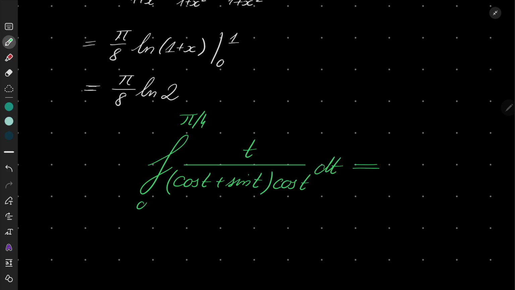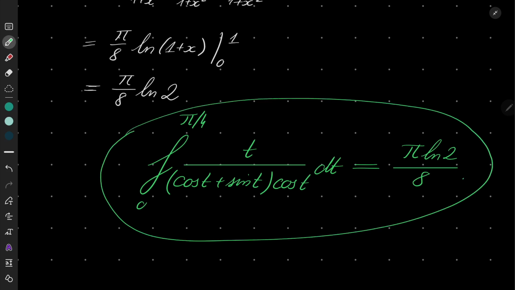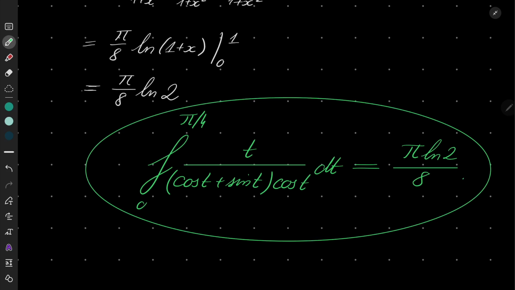This integral equals pi natural log of 2 over 8. And that is our answer. Pretty nice problem, I'd say. A bunch of substitutions, changing trigonometric functions via universal substitution to a rational function, and all of that.